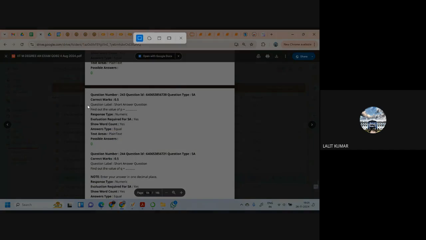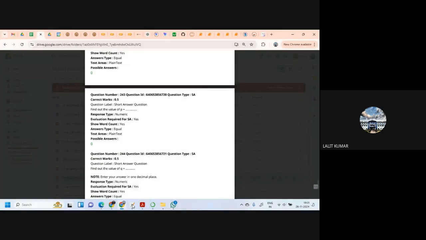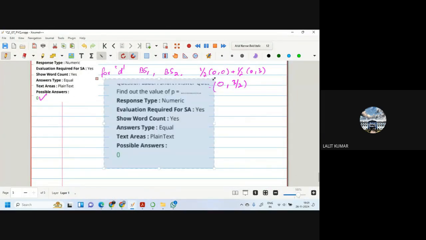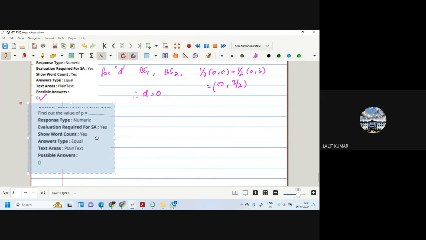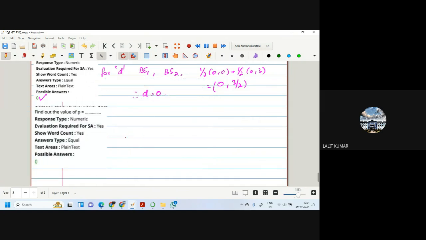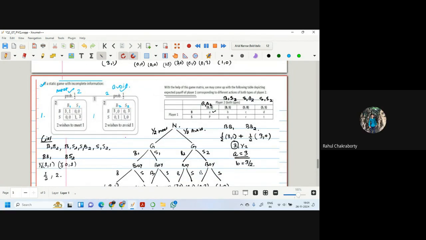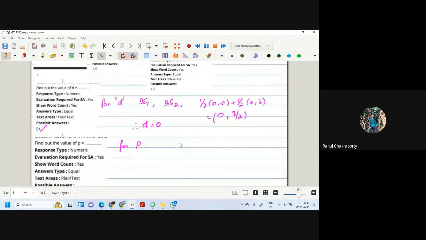Find the P. So this also we can calculate. Now for P, what do we have? In P we have S, B1 SB1, SB2.